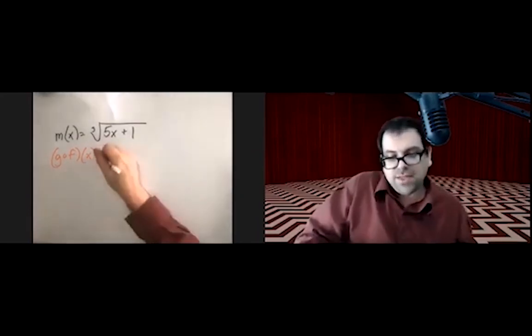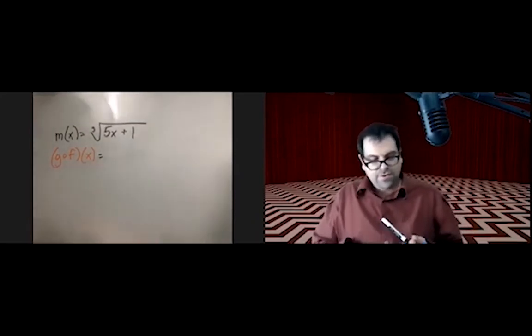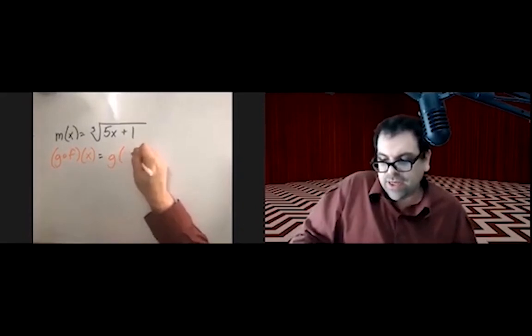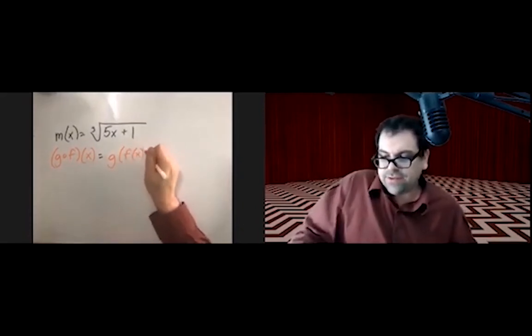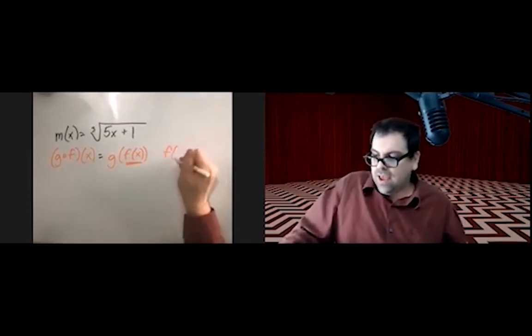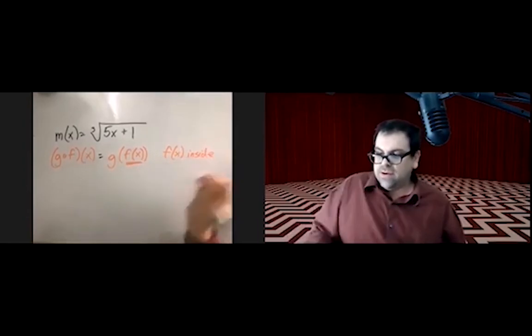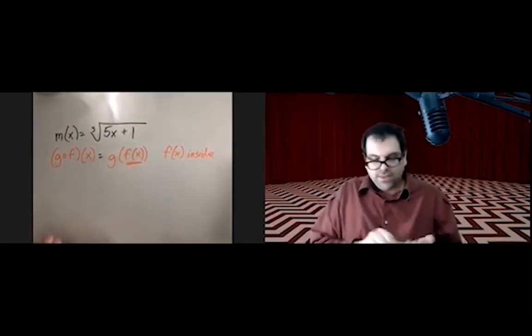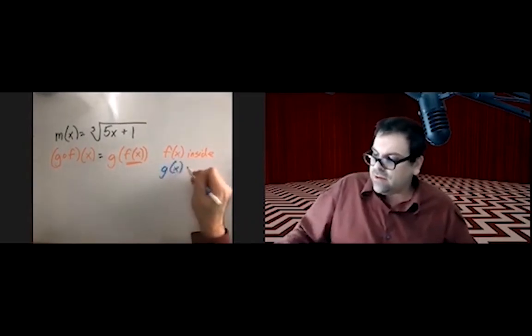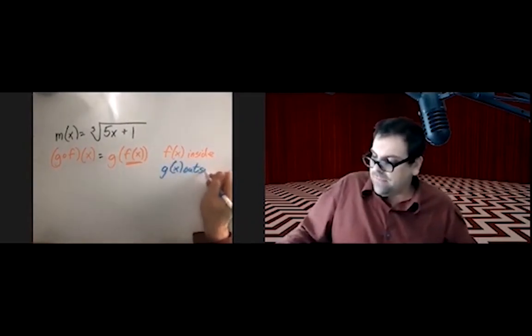So g composite f is the same as g of f of x. So this time, f of x is going to be inside of what? g of x will be the outside.